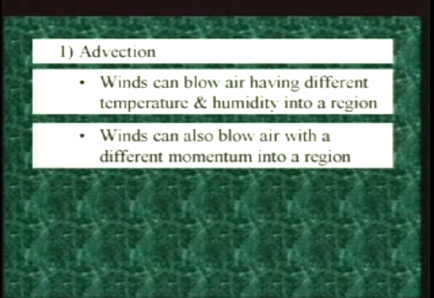Winds can also blow air with a different momentum into a region. This is important because, remember, our parcels of air will move with respect to their mass. Something heavier is not going to move as fast as something that does not contain as much mass.